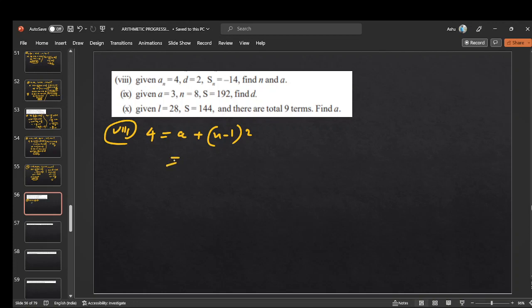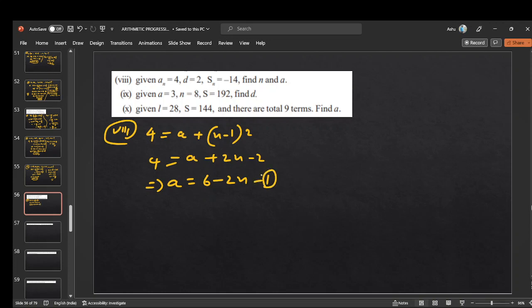Then we should solve a plus 2n minus 2, here 4. Then we can find out the value of a. a will be 4 plus 2, 6 minus 2n. Clear?